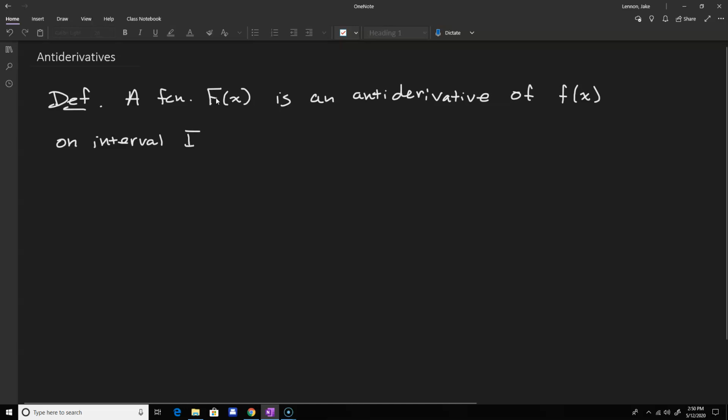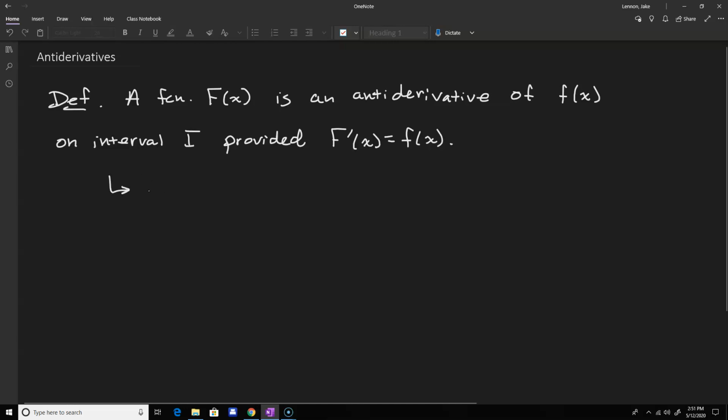So we'll say I in case the function doesn't have a domain of all real numbers, or we're just talking about a specific section, any number of things. But provided when you take the derivative of capital F of x, you actually get little f of x. So you might recall that in general, antiderivatives are pretty much the same, but there's infinitely many of them for any given function, but they only differ by a constant.